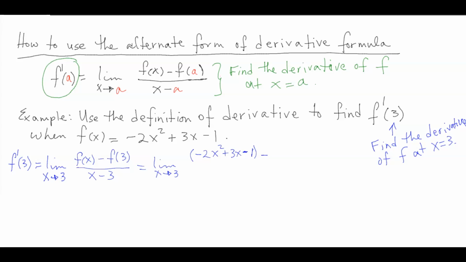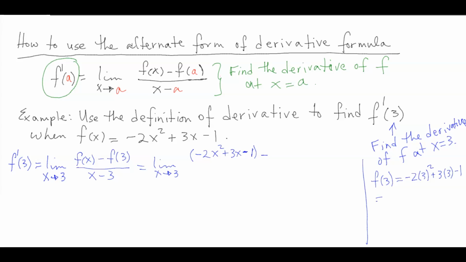So f of 3, we know how to find f of 3. I'm going to put it right here in the corner. f of 3 is equal to negative 2 times 3 squared plus 3 times 3 minus 1.